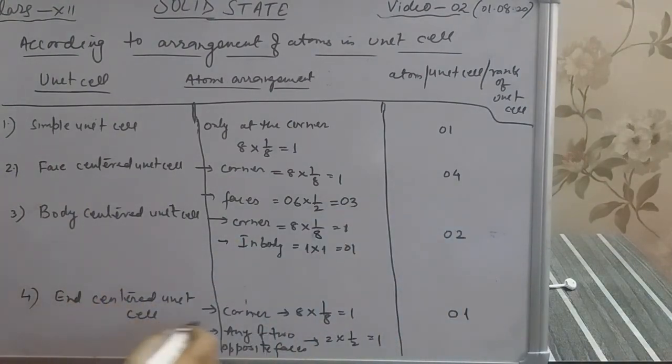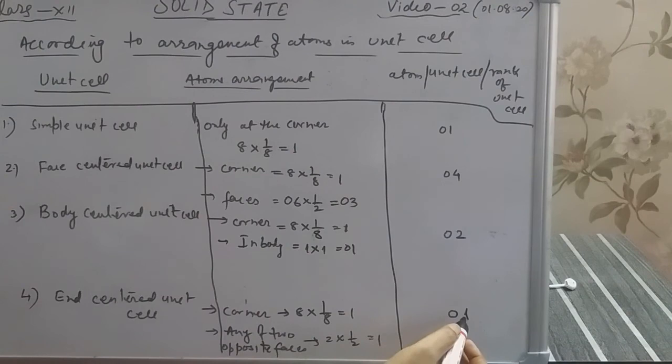In the end centered unit cell, atoms are present at the corner, and the contribution of an atom at the corner is 1 by 8, so it comes to 1, and any two opposite faces, so 2 faces, and the contribution of an atom in each face is half, so it comes to 1.